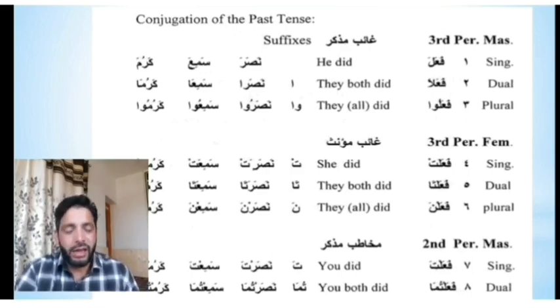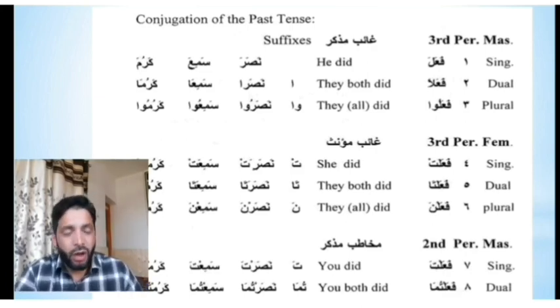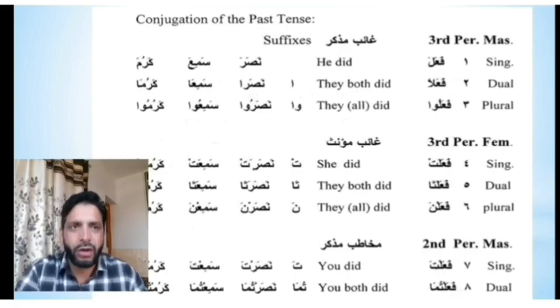And if more than two boys or men went out from this room, I will say kharaju. So kharaja for one, kharaja for two, kharaju for more than two men. All the three are third person. All the three are masculine. But the first is singular, the second is dual, and the third is plural.